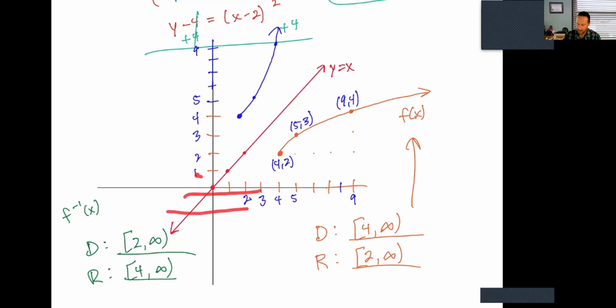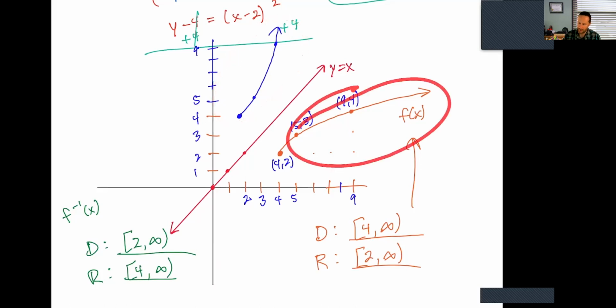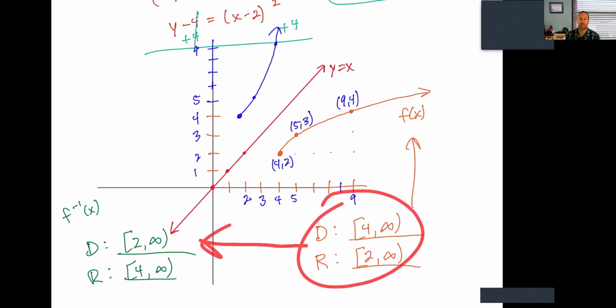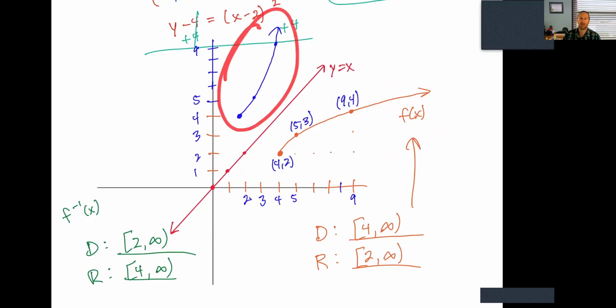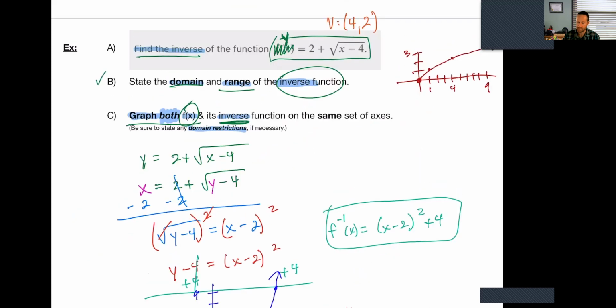For my range, I don't start hitting until 4. And of course, to positive infinity. So whether you graph it first, or if you have the original one and you already know it in your head and you know these things, then you can give me that without finding or graphing the inverse. Okay? Lots of stuff going on there. Hopefully you guys were able to follow it all.